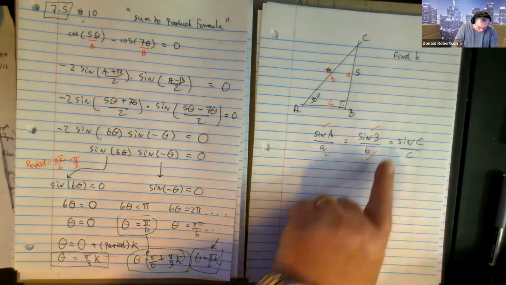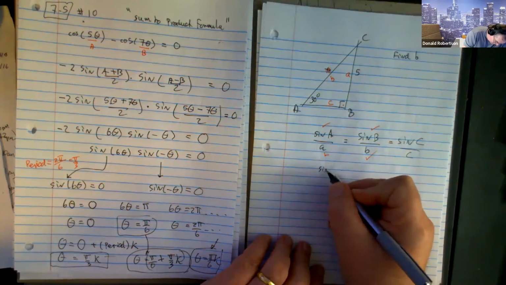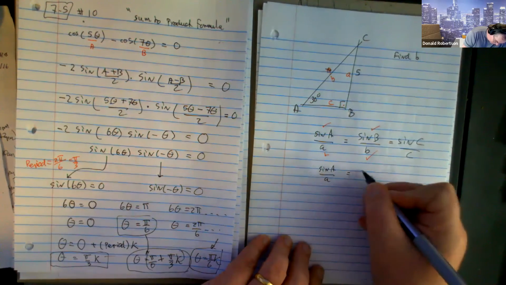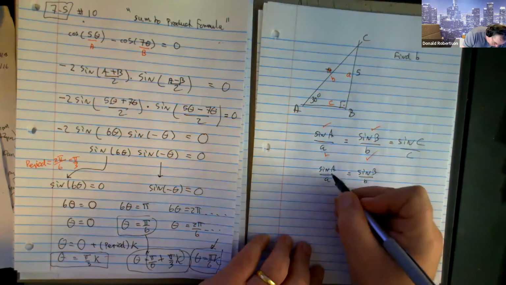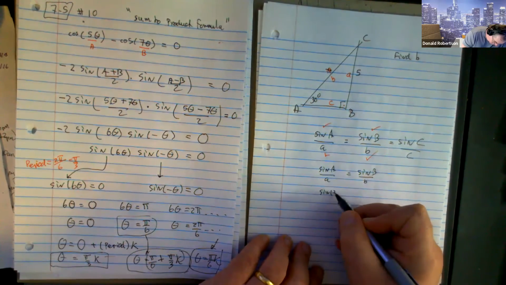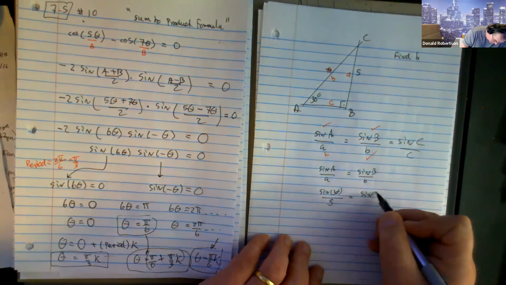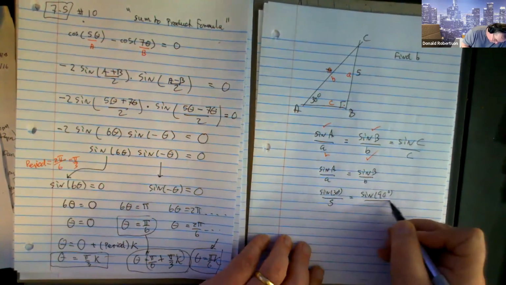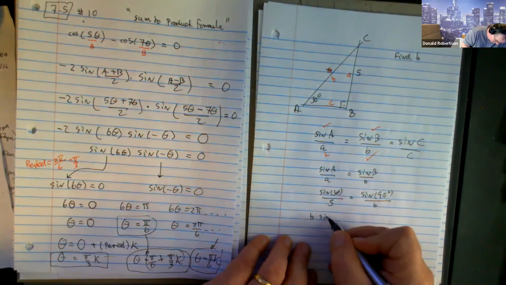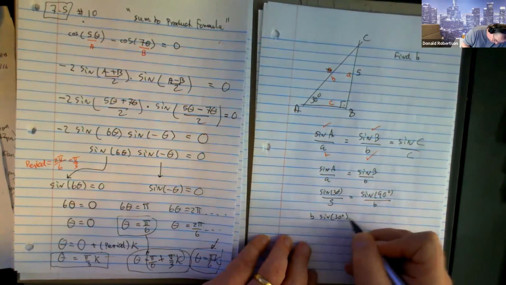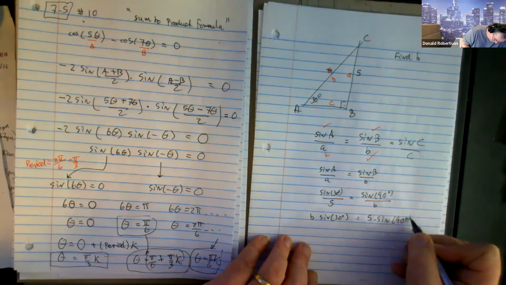Can you see then that you're going to use the sine rule with these two? So the sine of A over little a is going to be the sine of B over little b. The sine of A is 30 degrees, and little a is 5. The sine of B becomes the sine of 90 degrees over little b. If you cross multiply, b times the sine of 30 degrees is 5 times the sine of 90 degrees.